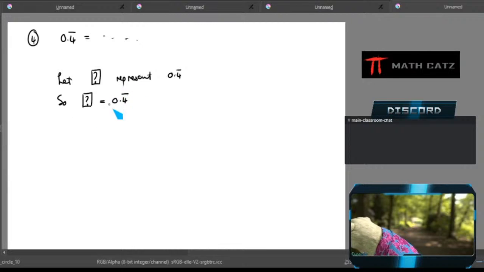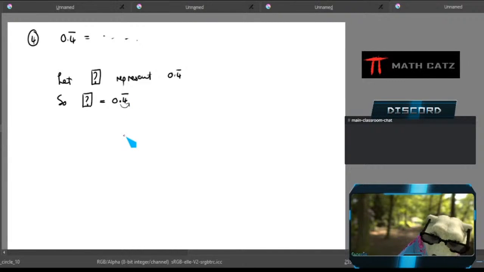Now it's a little different in terms of the decimal number I have here, in that the 4s never stop. They never stop. I'm simply going to move the decimal point to a position that steps around one of these repetitions.